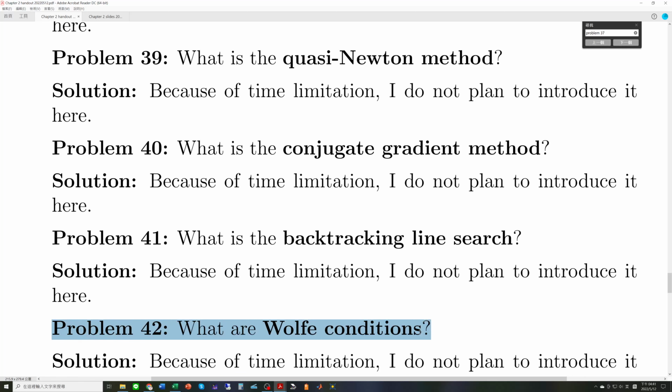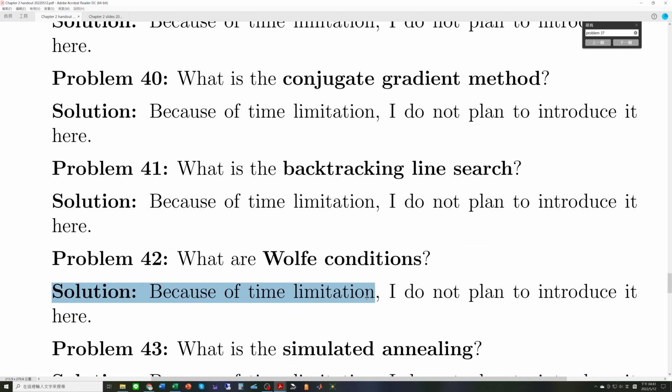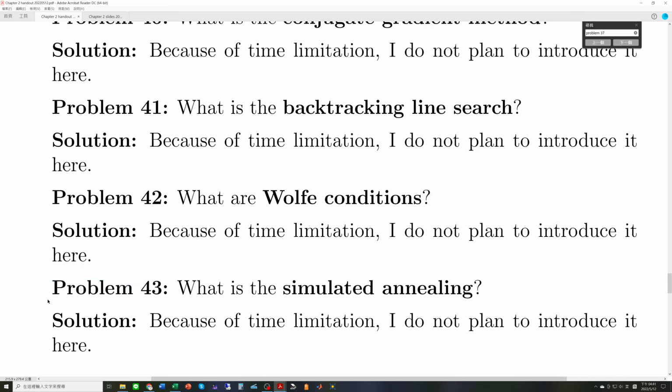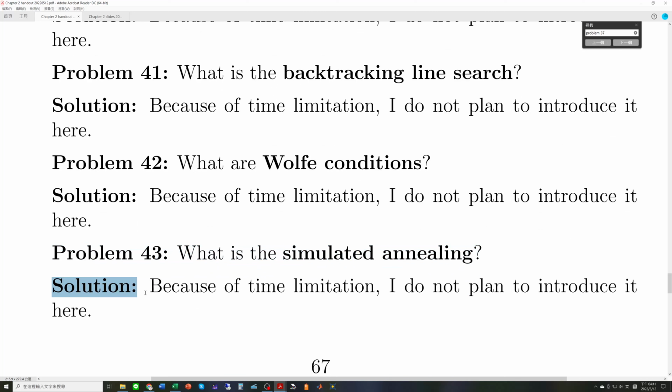What are Wolfe conditions? Again, solution: because of time limitation, I do not plan to introduce it here. Problem 43. What is the simulated annealing? Solution, because of time. Okay, it is 25 minutes. Let us take a break.